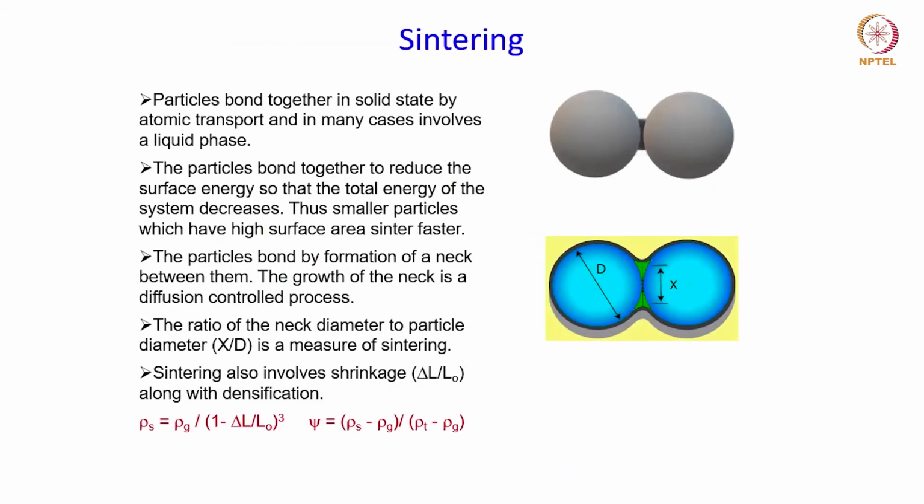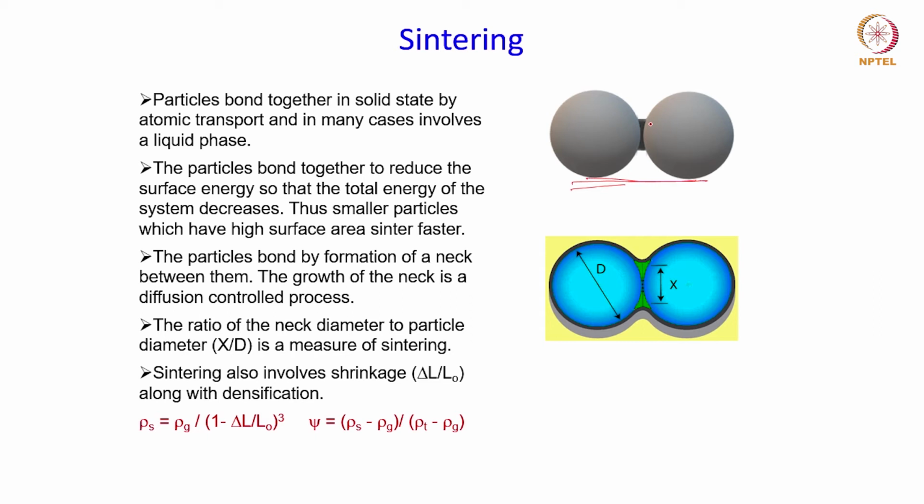Now if you look at the process as to how it happens, first we can just see two particles, as to how they bond when they are heated to a particular temperature for the sintering process. So let's say we are having these two particles which have formed a point contact during the compaction process, and as it is heated now for the sintering process, this contact will grow in the form of a neck, right?